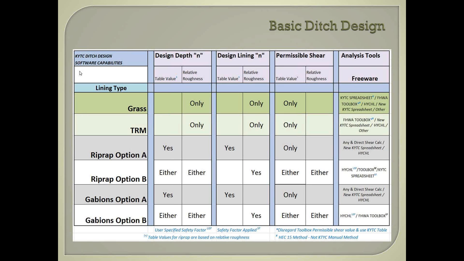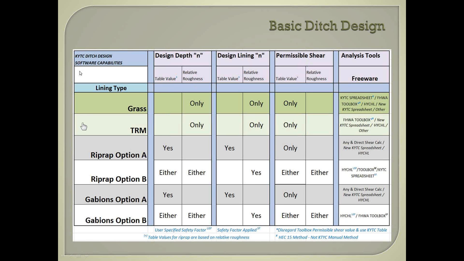So we're going to drill down and focus here because this will answer the topic of discussion. You can see on the top are the three primary design aspects of ditches: the design depth, the design lining, and the permissible shear.